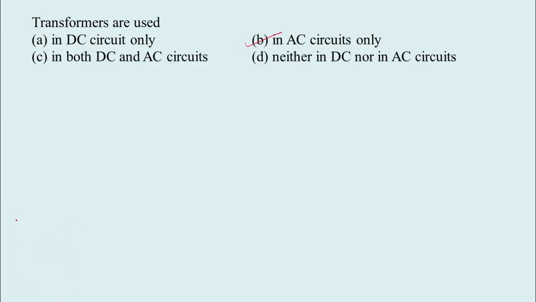These transformers are designed for AC, that is alternating current, whose magnitude and direction are periodically changing. In direct current, the magnitude and direction are constant, so directly we can get its magnitude value. But in AC, it is very difficult to get the accurate value of the current, so we can choose I_RMS. So transformers are mainly used for AC circuits. That option B is right.